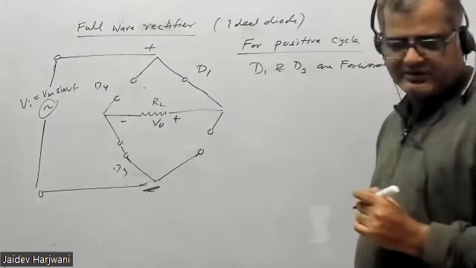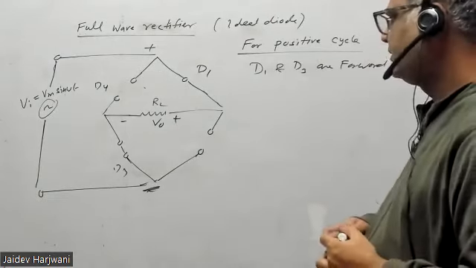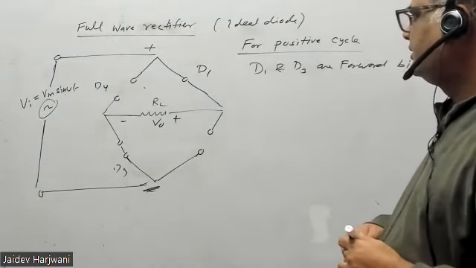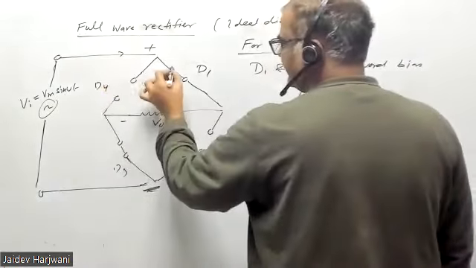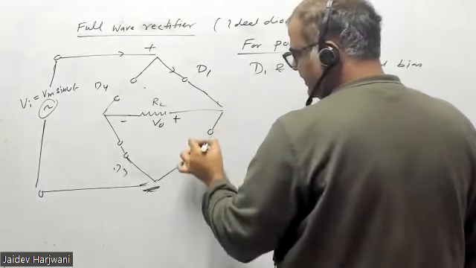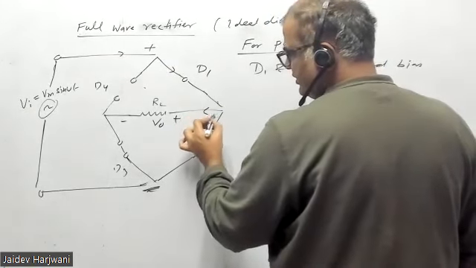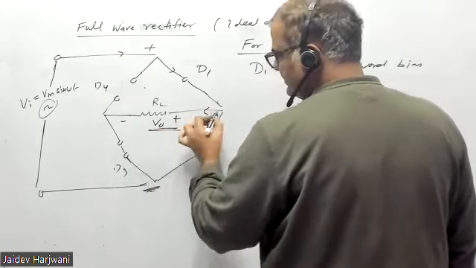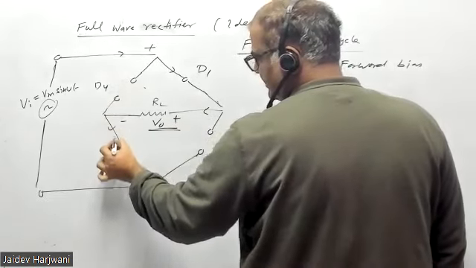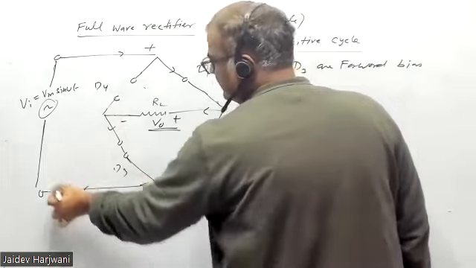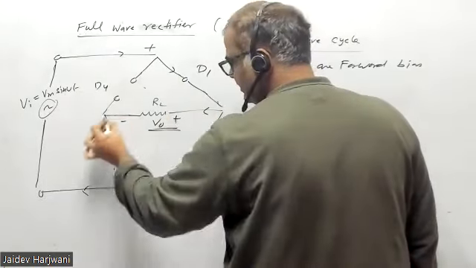Everybody is comfortable with this one? Okay. Now my current for positive cycle, current will come like this. Okay, current cannot go here, so current has to come here. So I'm getting a V output like this in this direction. Then current can come here, and current can come here. My circuit is completed.